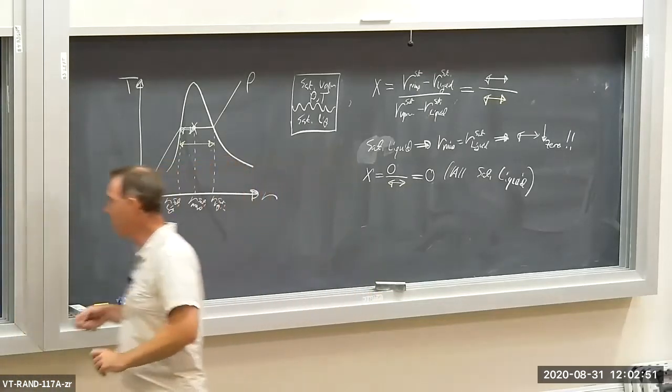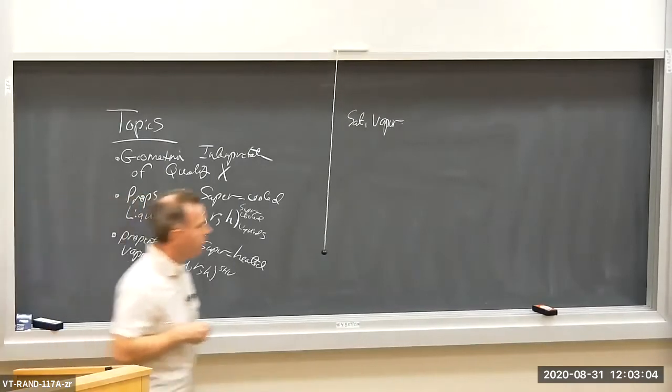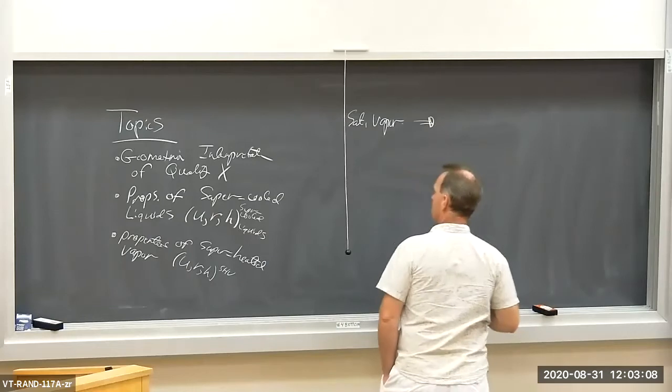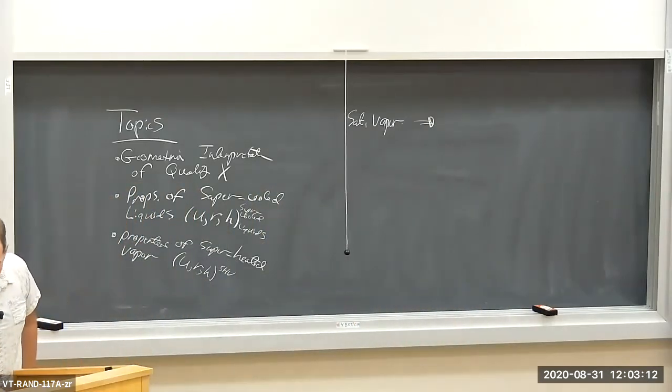Likewise, if we have a saturated vapor, we switch the screen here. I guess I better stick with the other side. Kind of going to go back and forth here.